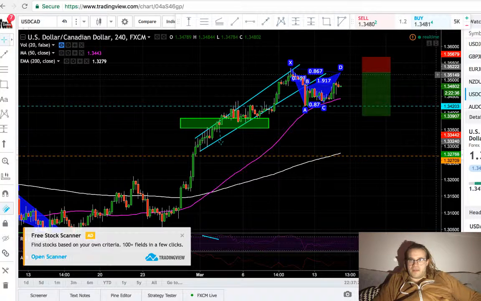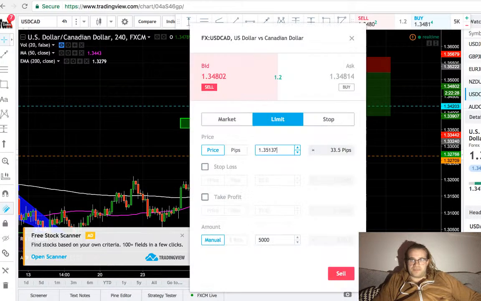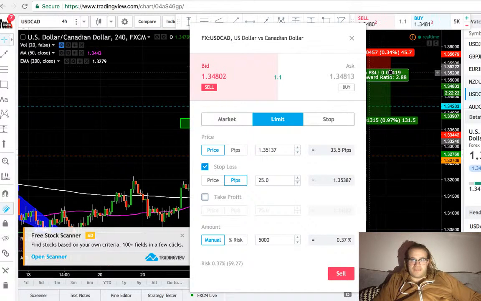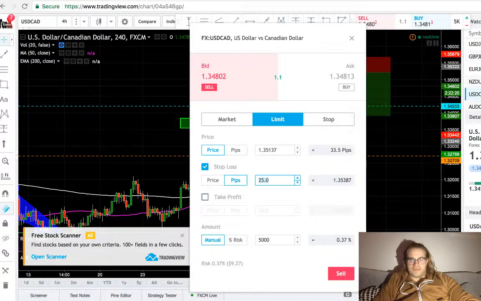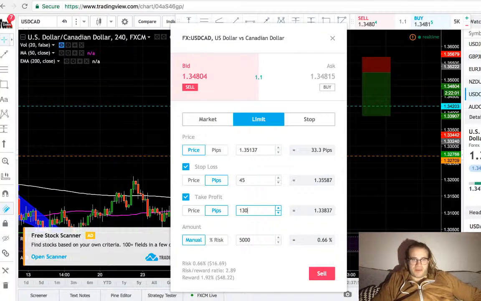Right here. So I'm gonna sell limit. Boom. We're gonna put our stop loss at 45, and we're gonna take profit at 130. Giving us a 2.89 risk to reward. So I like it. 5,000. Sell it.